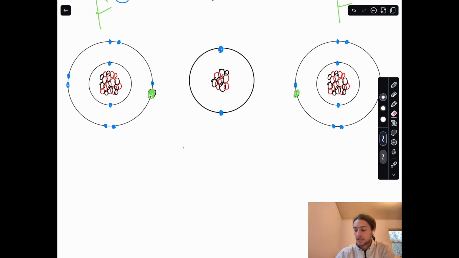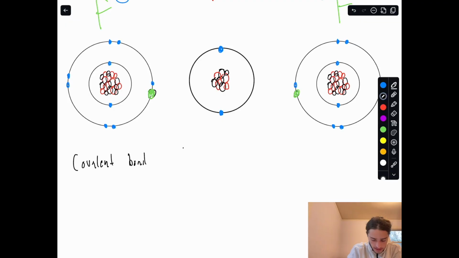Now let's talk about the other form of bonding that I already mentioned, which is covalent bonding. The main difference is that in covalent bonding, the electrons are shared. Comparing that to an ionic bond, we saw that the electrons are permanently given up.